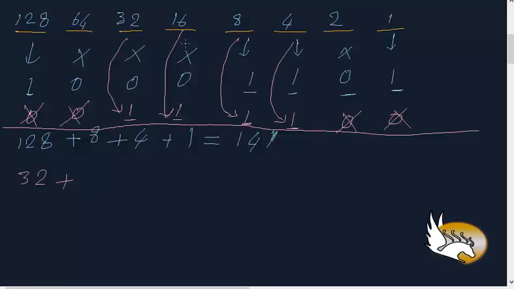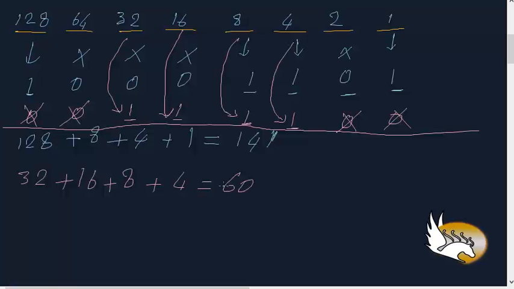I add this to the 16. I add this to 8. And I add this to 4. These are the values that I received because those bits are 1. Now if I want to add this up, 32 and 16 are 48, then 56 and plus 4 equals to 60.